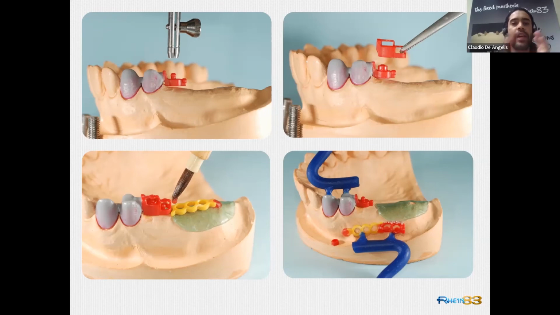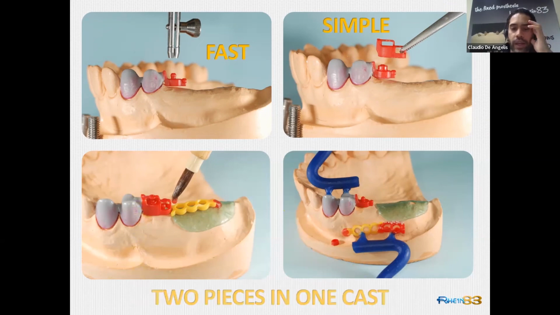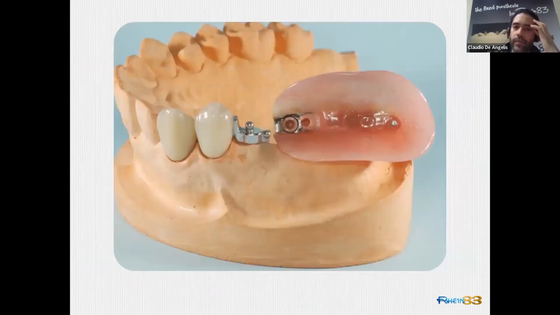If you duplicate, you make two casts and you may have two different results. By doing this within the same cylinder, within the same investment material, you are sure you have the same result. So it is fast, it is simple, two pieces in one cast. And this is the work done, okay?